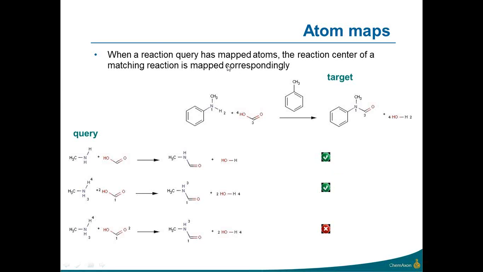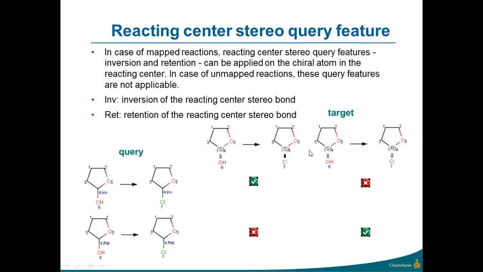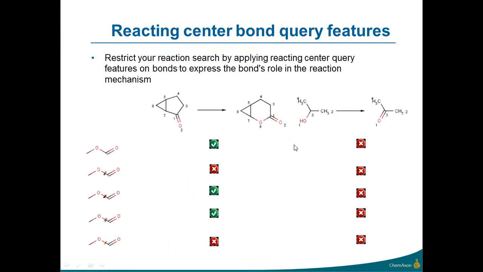More than that, if your query has mapped atoms, the reaction center of the matching reaction is mapped correspondingly to your reaction as well. If you have stereo centers, you can also assign stereo center query features, and that's supported as well.